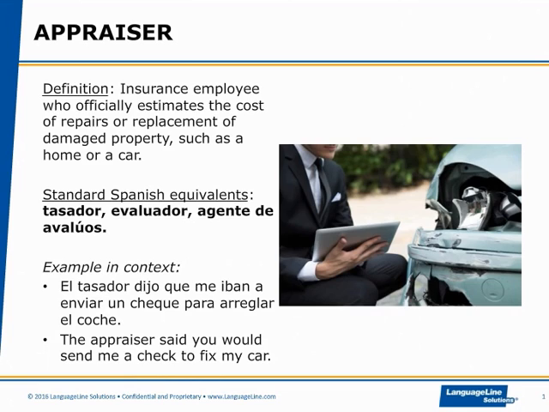Tasador, tasador, tasador. And now repeat this standard option 3 times. Evaluador, evaluador, evaluador. And the third one. Agente de avalúos, agente de avalúos, agente de avalúos.